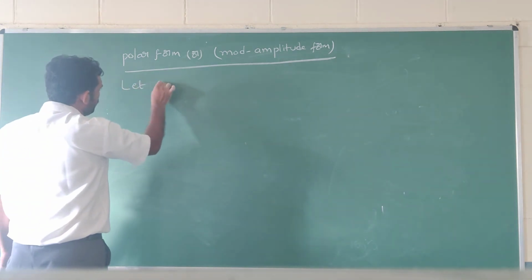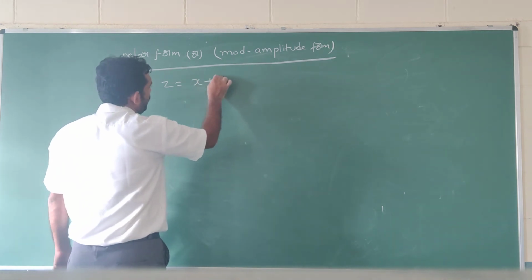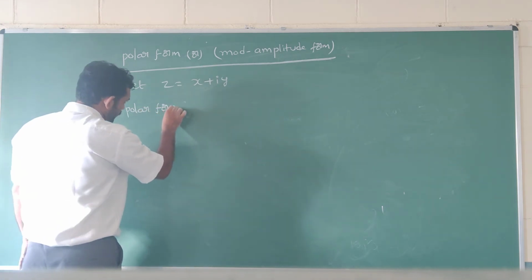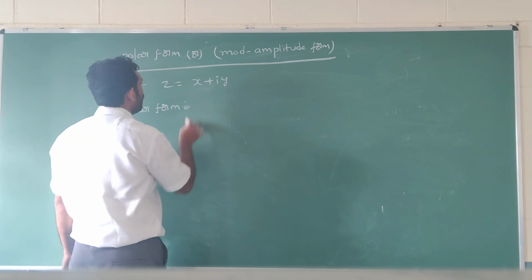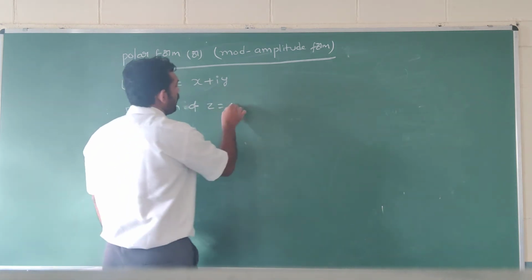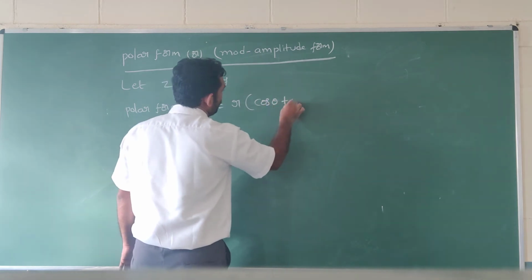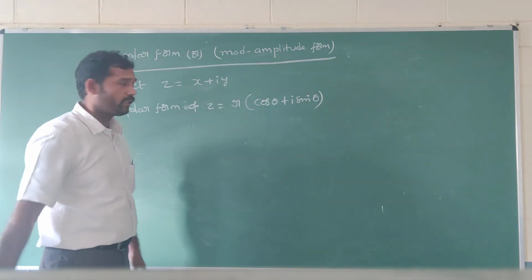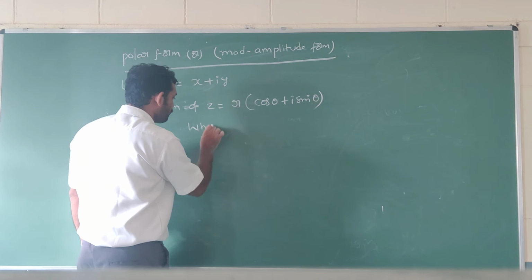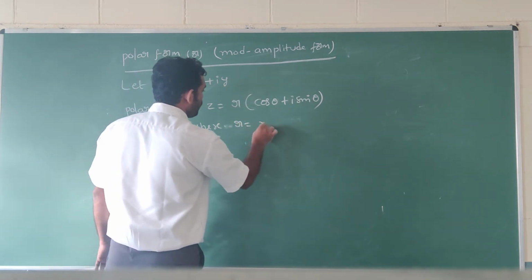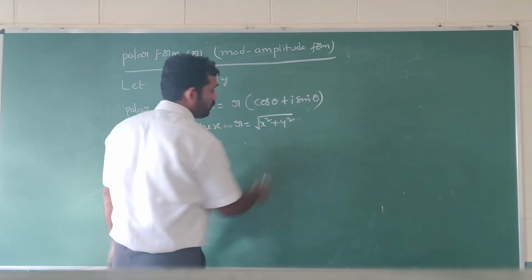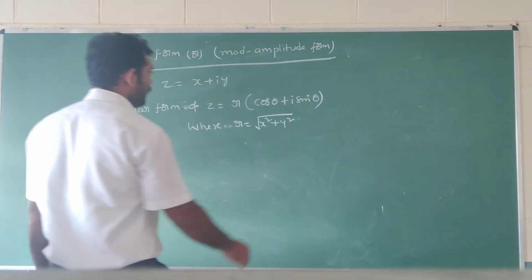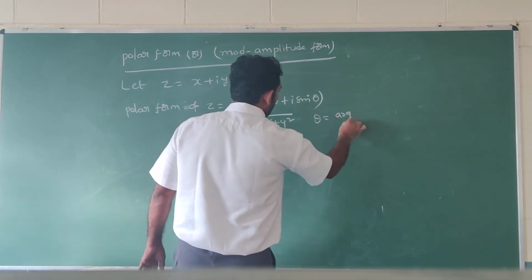Suppose one complex number is given, z is equal to x plus i y. Then the polar form of z is equal to r times cos theta plus i sin theta, where r is equal to root of x square plus y square, and theta is the argument of z.